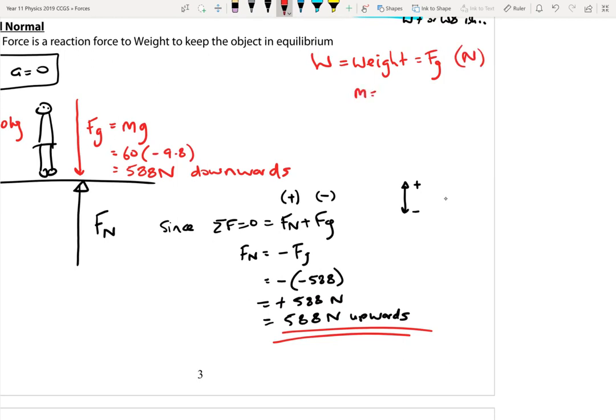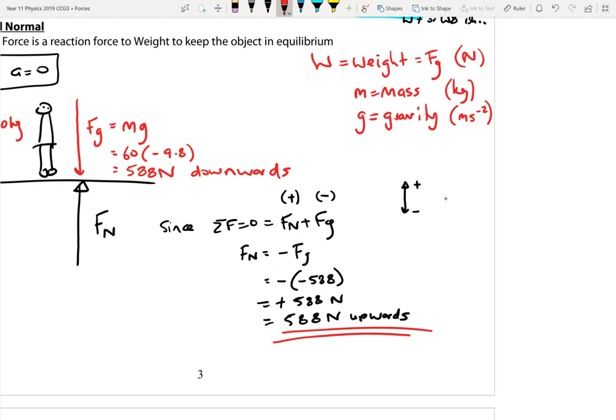Your mass has to be in kilograms, and g is your gravity, your local gravity, which is in meters per second squared. Okay? Now, we say local gravity because we could be cruel and put you on the moon where the local gravity is 1.6. If you're not told anything, assume you are on Earth.